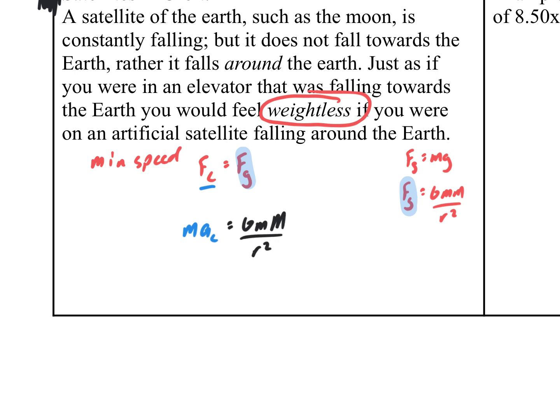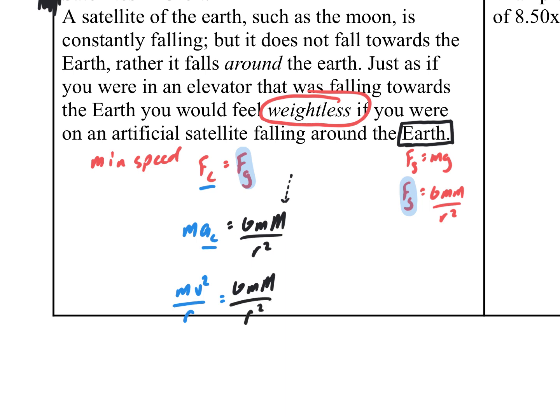Since we're talking about something falling around the Earth, the Earth is the gravitational body, so I like to say there's that big M. That's what's causing that gravitation. So we have one more way to describe the centripetal acceleration here. This turns into m v squared over r, and we got pretty good at doing those questions. This is big G m big M over r squared.